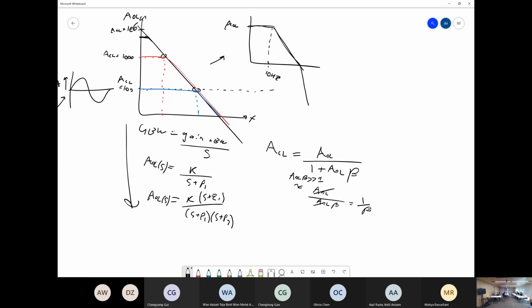So most amplifiers, say for an inverting or a non-inverting amp, you'll have this voltage divider here that forms your beta term, right?